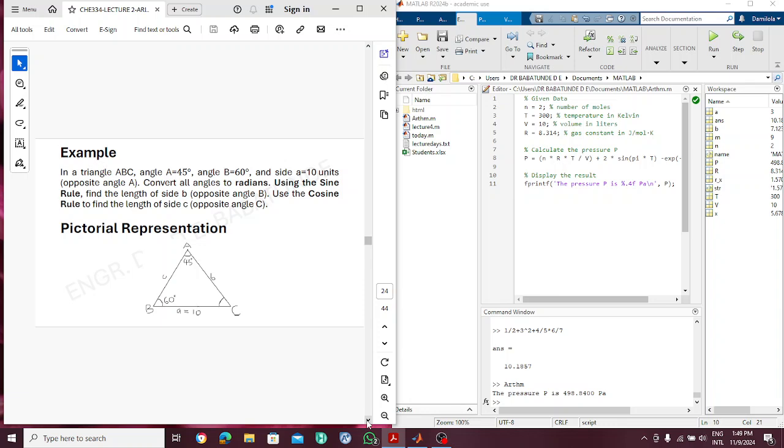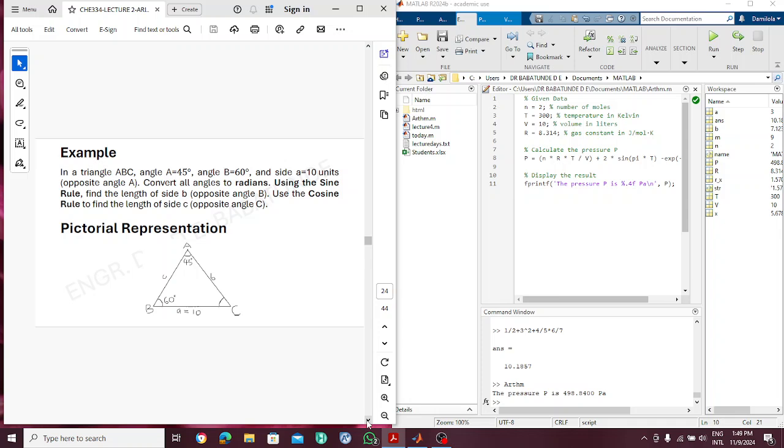So for every unique problem, there are some things you should know, that this is what obtains here. So we know that for a triangle, the sum of the 3 angles is 180. So you are given the value of angle A, you are given the value of angle B. That means you can determine what angle C is, since you know that the sum of the 3 angles should equal 180.